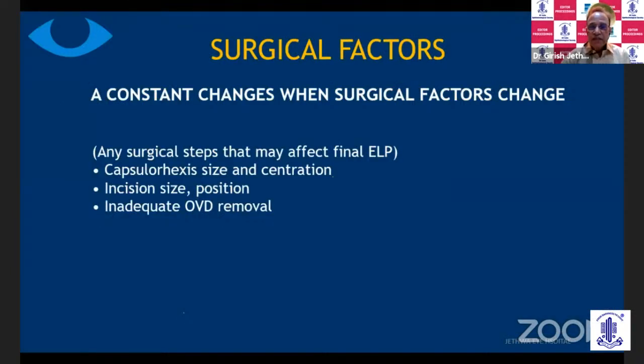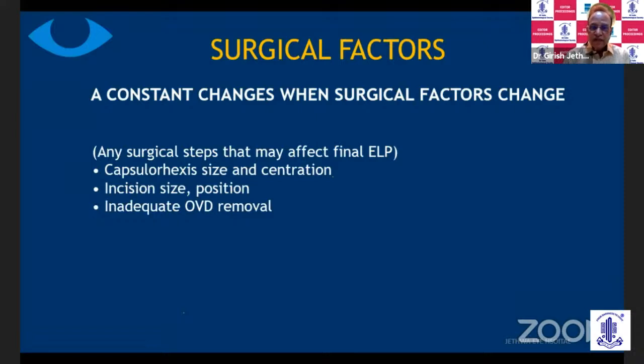Over and above this, there are some surgical factors, like any surgical steps which may affect the final ELP, which was just discussed in a previous lecture. Capsulorhexis size and centration are very important, incision size and position, and inadequate OVD removal. So these all affect the A constant.